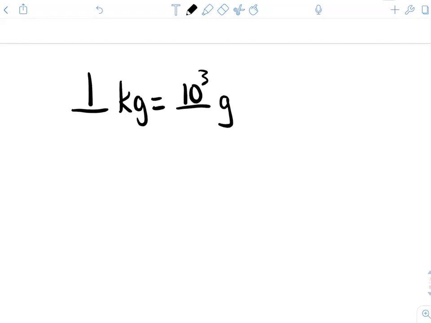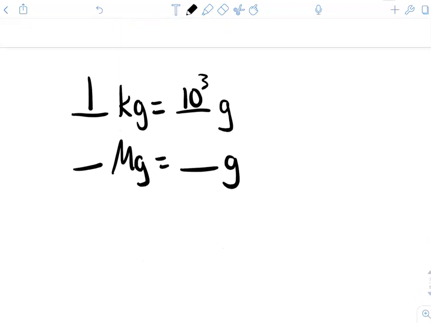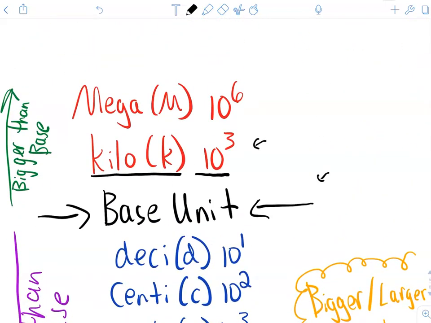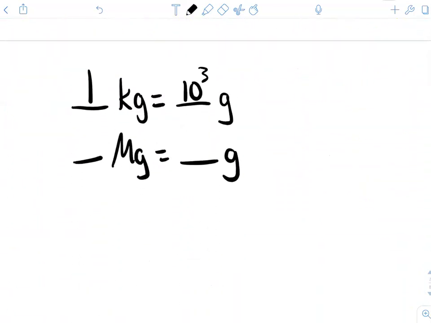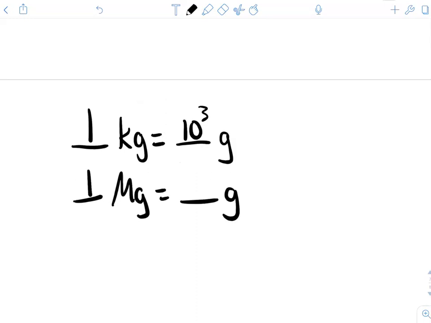That's why this works. So if we had megagram and gram, we go through, we see which one is bigger, aka higher up on the chart. In this case, mega is higher up on the chart. It's bigger. It gets the 1. The gram gets the factor that's associated with it.